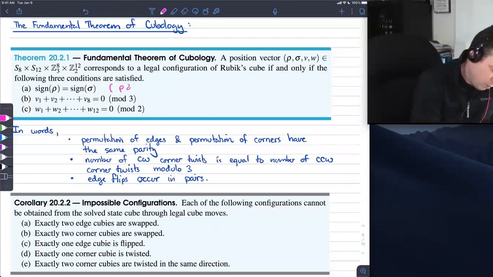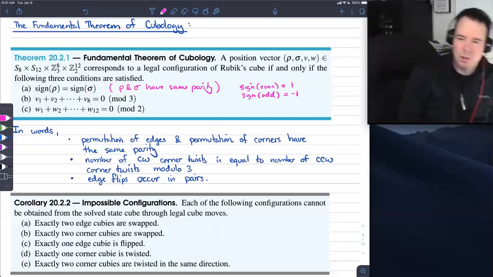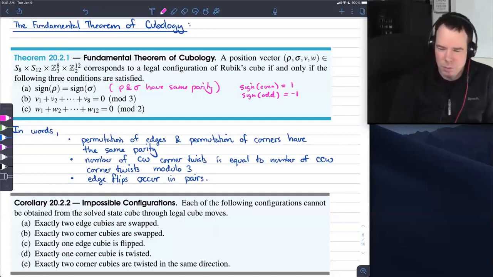So rho and sigma have the same parity. Remember, sign of an even permutation is 1, and sign of an odd permutation is -1. That's what the sign function is. It's just a way to assign a number to the parity. So this says they have to have the same parity.